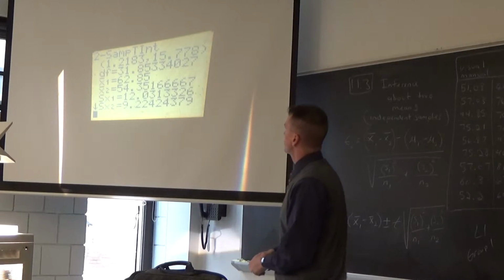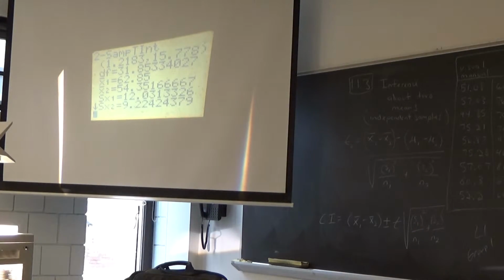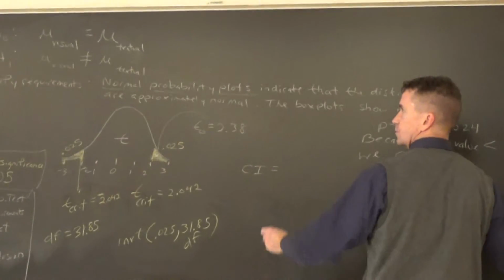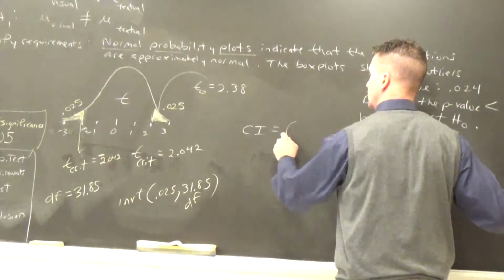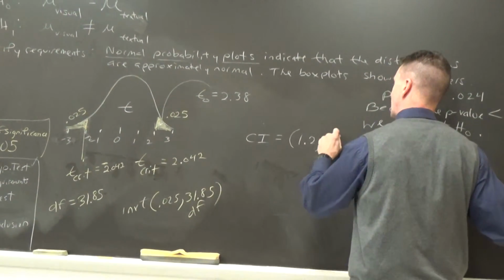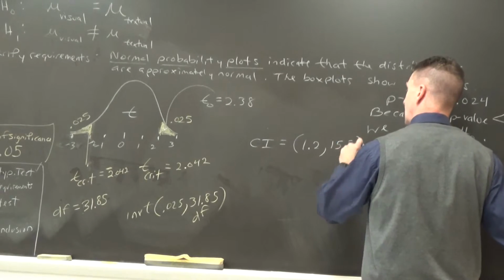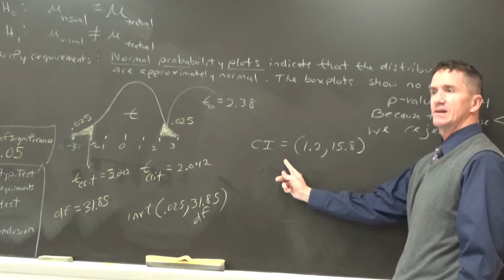1.21, and what's the upper number? Alright. 1.2 to 15.8. I'll just call it to 1 decimal place. This interval does not contain what?